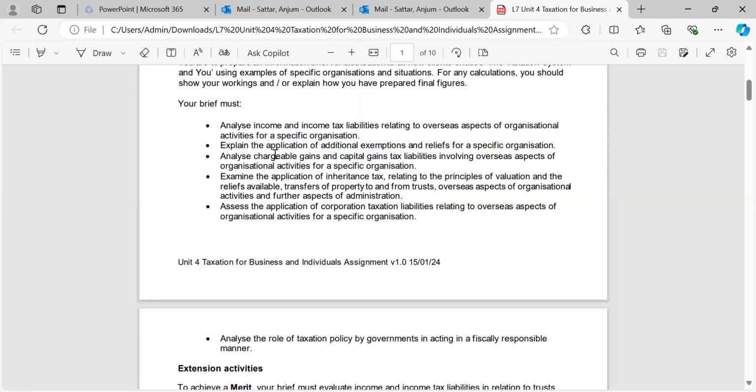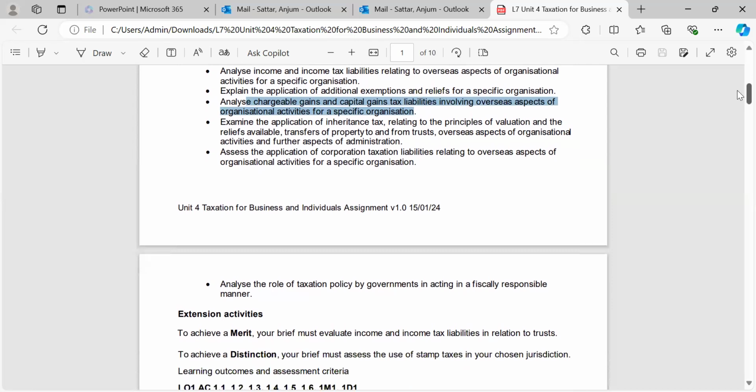We also discussed chargeable gains and capital gains and the tax liability involved in the overseas aspect, and few examples including inheritance tax, which you can include to address the learning outcome. Assess the application of corporation tax liability relating to the overseas aspect of organization activities.